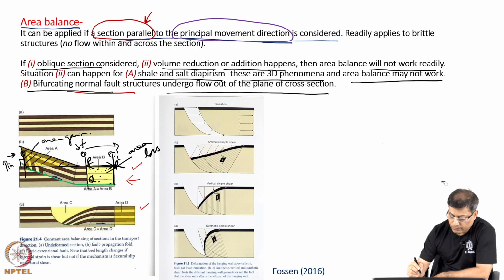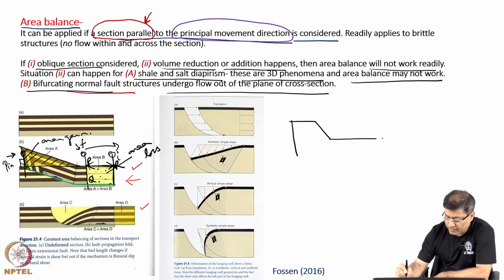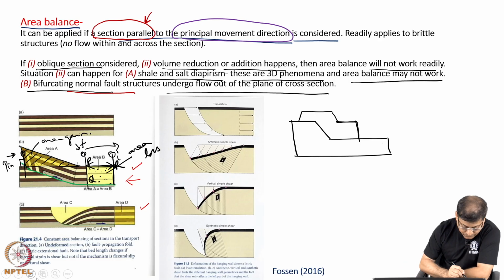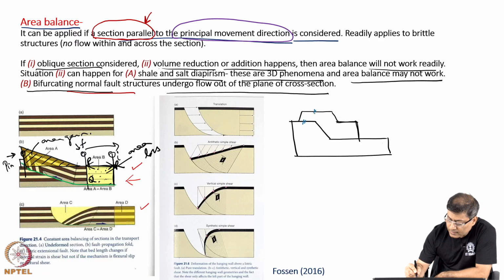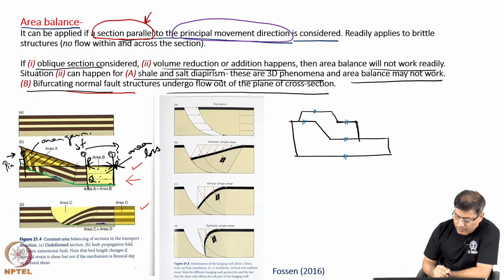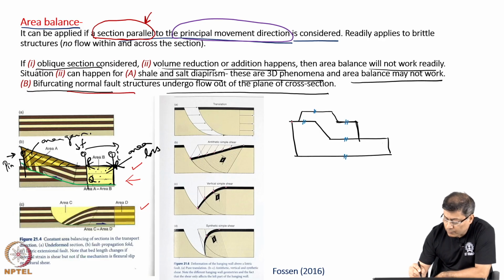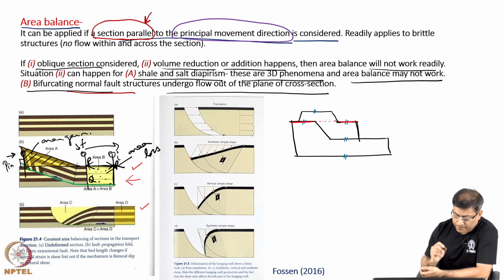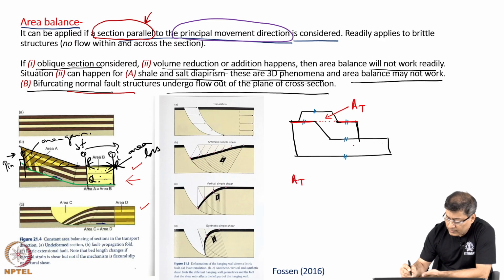The same principle will work if the geometry of the fault plane is a bit simplified, as in this diagram. Suppose this is the diagram. Why I am calling it a simplified diagram is that these sides are all parallel to each other, and one further point, actually this line and this line fall in the same line. So, here what we can do to restore the section, we can find out the area of the trapezoid and then the AT length.